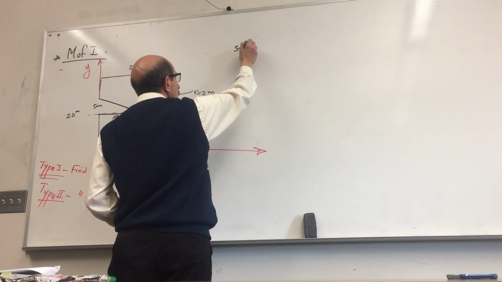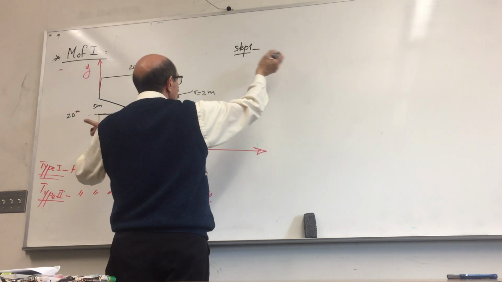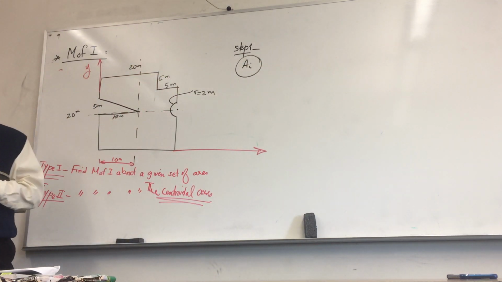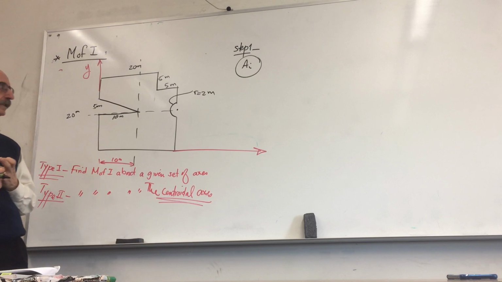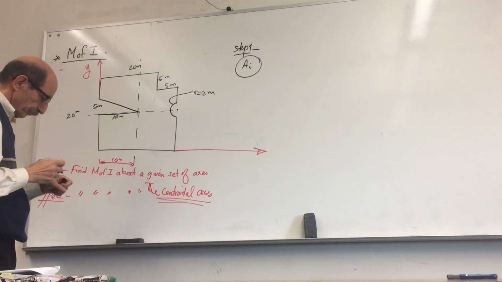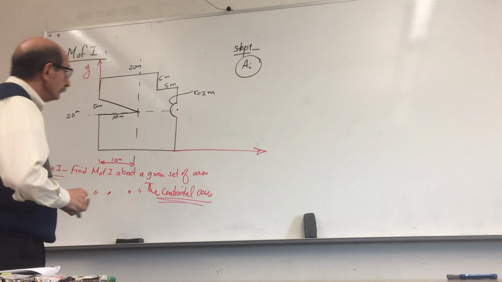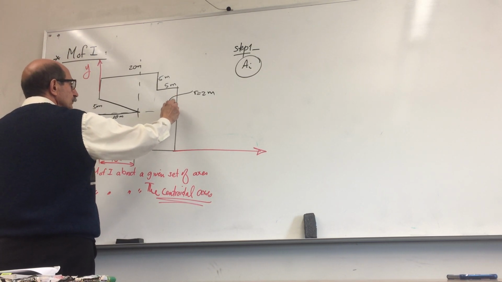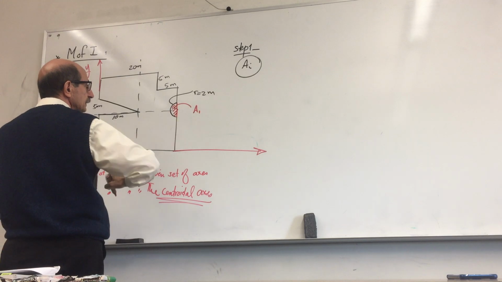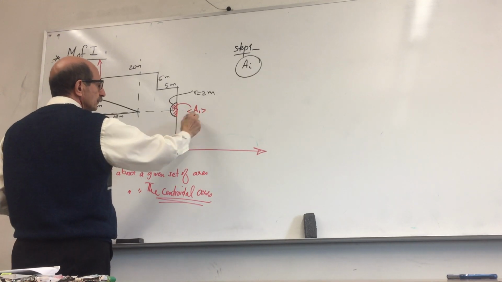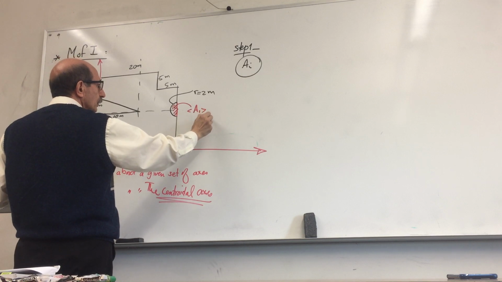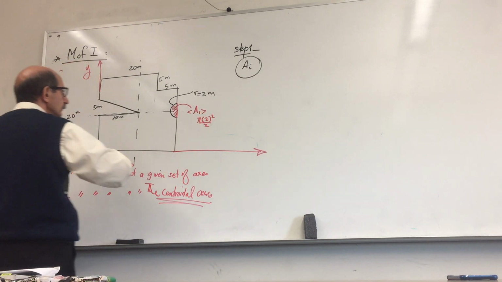Very similar to centroid, you need to divide this area into sub-areas, A_i. Okay? So that's what I do. This is what I'm going to do. I consider this as A1, which obviously is negative. So it's basically area pi r squared over 2, right?